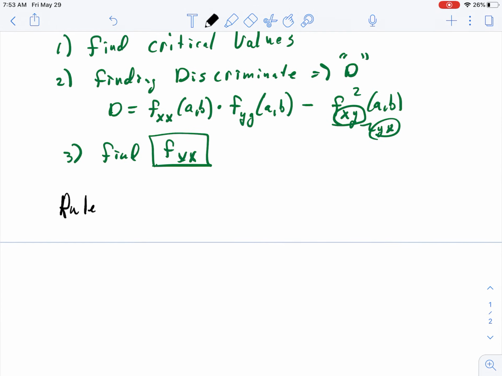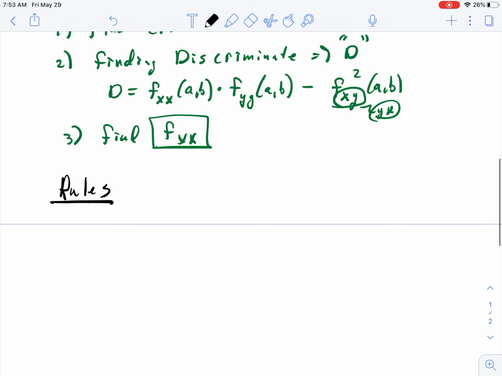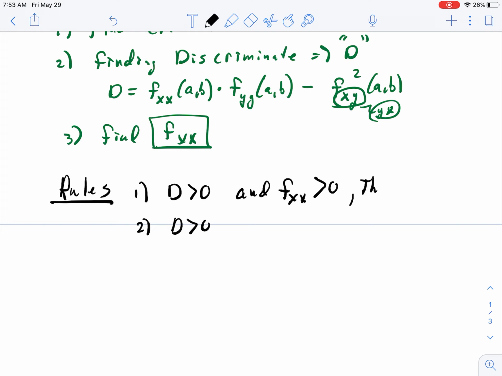All right, so let's go through the rules. Once you have all that information, these are the rules that we'll have to follow. One, if the discriminant is greater than 0, and there are two scenarios here, if f_xx is greater than 0, then what you have is a local min.